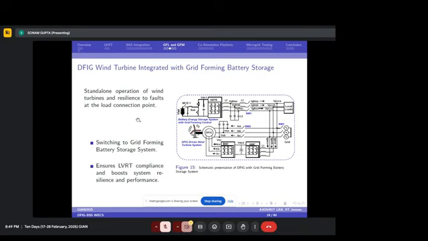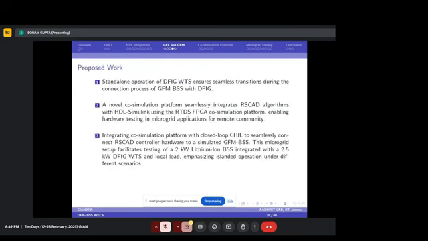That will also ensure LVRT compliance and boost the system reliability and performance. What we have proposed here is, first, the standalone operation of the DFIG wind turbine that ensures a seamless transition during the connection process of the grid forming battery storage system with the DFIG.